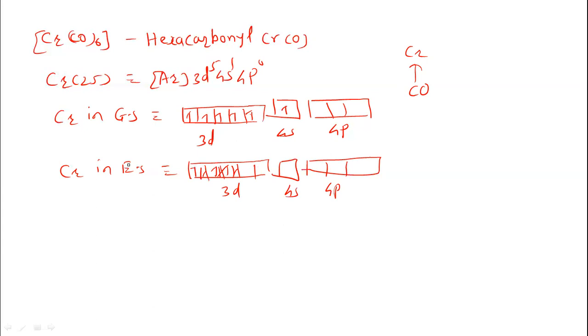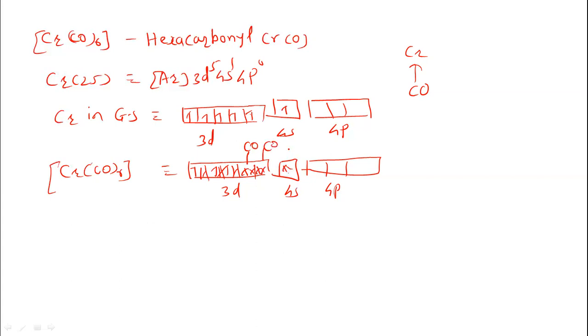Let us show. In the complex Cr(CO)6, the arrangement will be in this way, and we can find out the hybridization here. Hexacarbonyl chromium. See now, the electrons are donated into the vacant orbitals. Electrons are coming from the carbonyl ligand.